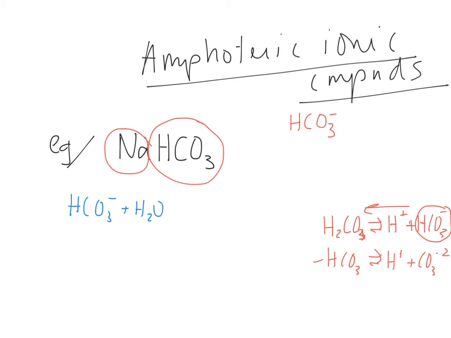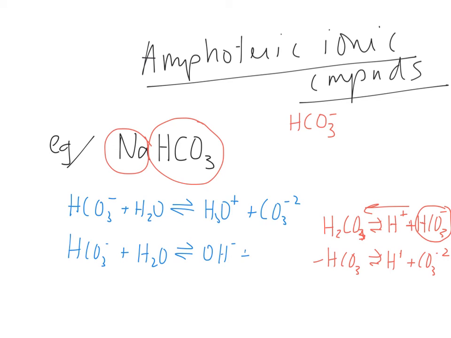He could donate a proton to water, forming an acidic solution, and then you would have carbonate. Or he could accept a proton from water, releasing hydroxide from that water, and form carbonic acid.